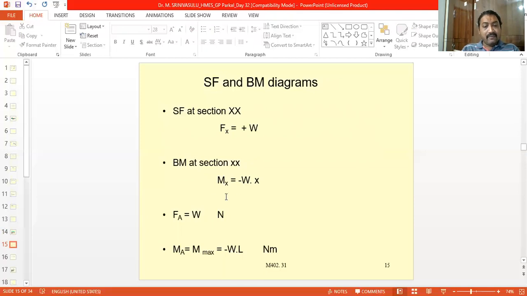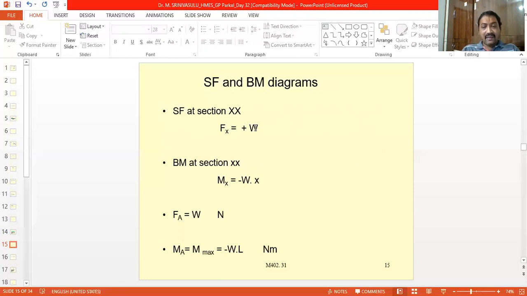For example, here we take the case of the shear force at point A. The shear force at point A, Fa, is equal to W, only W, and we are not having any external force. So this W will remain constant unless another shear force or another point load or UDL is acting.